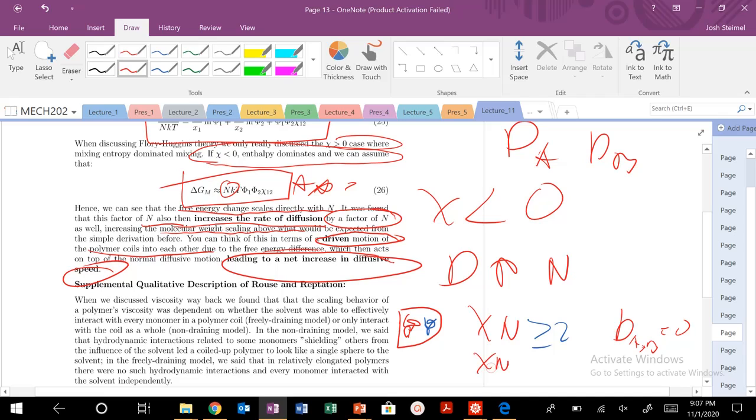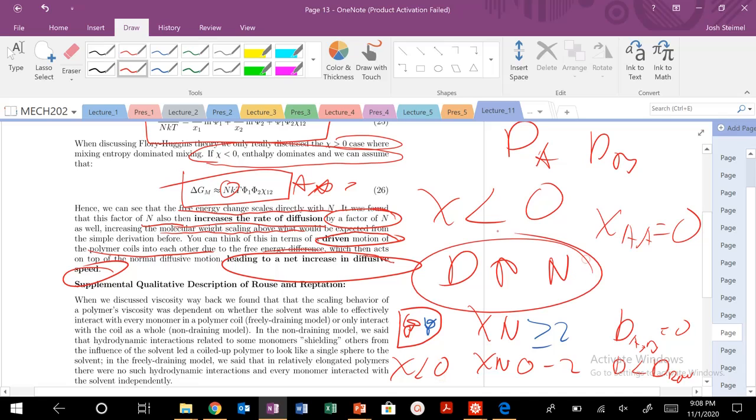If your chi-n is between 0 and 2, your interdiffusion is going to be less than the diffusion we predict in our Rouse or reptation regime, because we're dealing with self-diffusion, where chi is equal to 0. But anyways, you get the picture. If your chi is less than 0, now you get that increase in diffusivity by this factor of n.